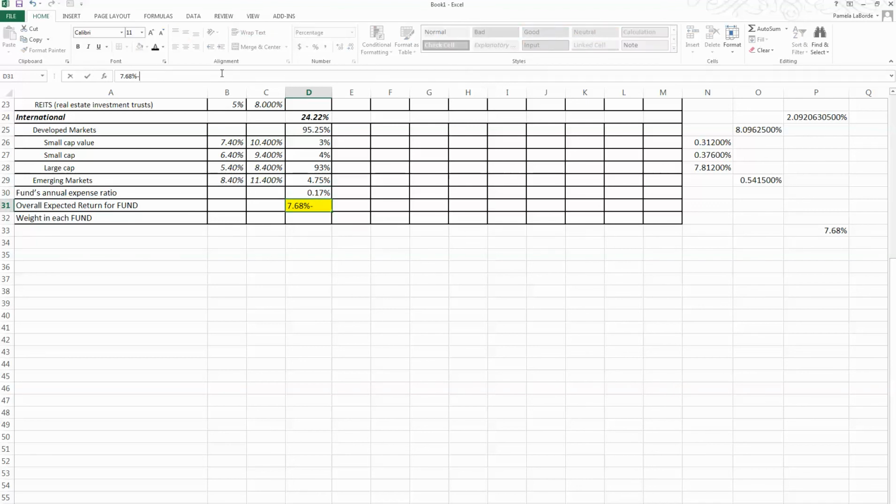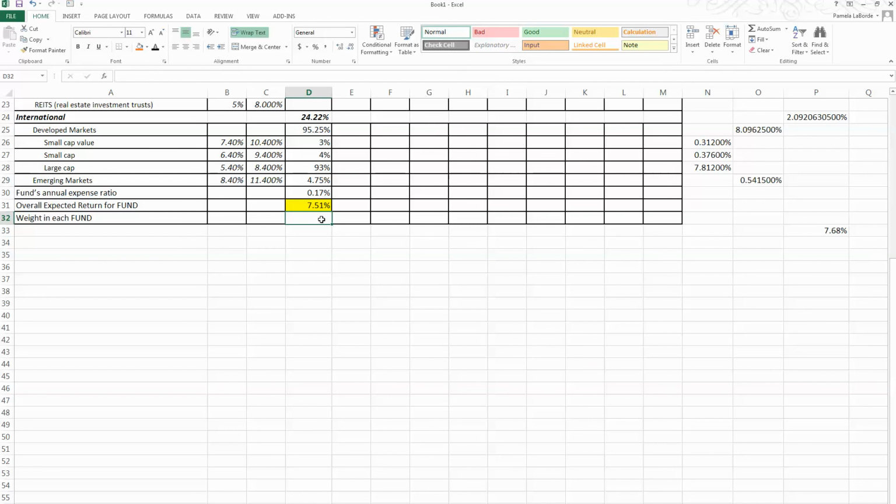So just right here, I'm going to plug in equal 7.68 minus this expense ratio. And actually what I'm going to do is do it the exact way I said I was going to. So there is my after expense expected return.